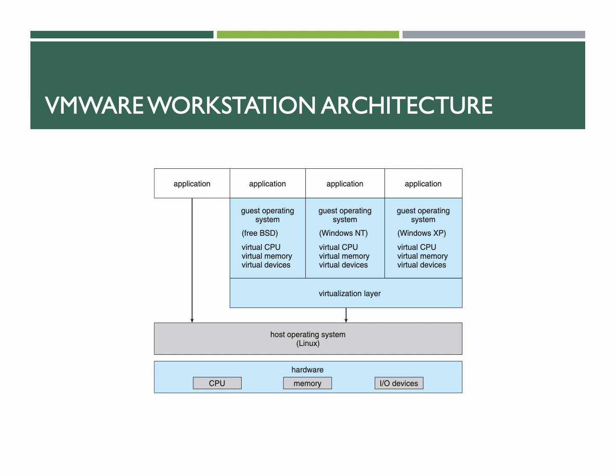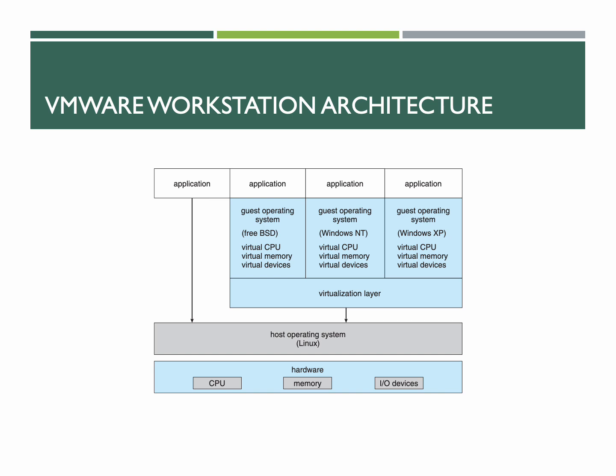Then each guest operating system has associated virtual hardware, including a virtual CPU, virtual memory, and virtual devices. These components simulate the corresponding physical hardware, allowing guest operating systems like FreeBSD, Windows NT, and Windows XP to operate as if they were running on their own separate machines.